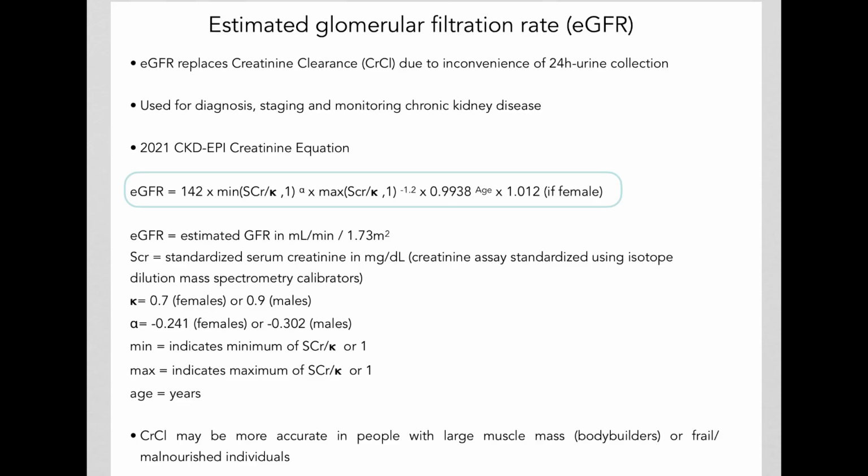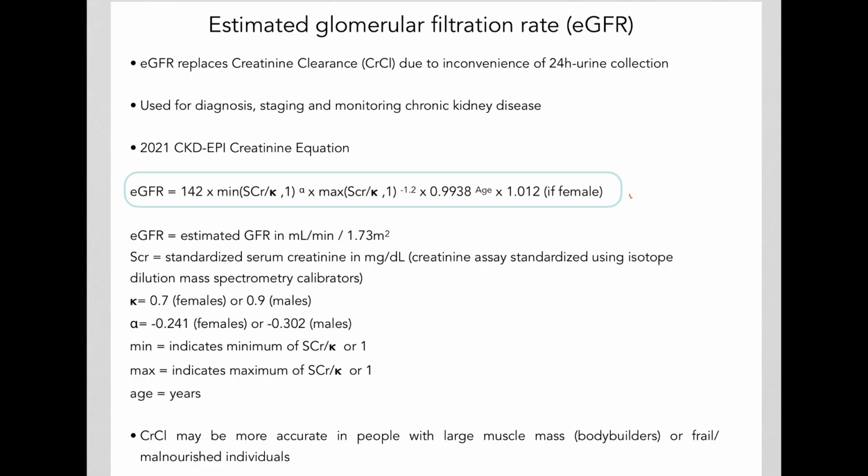This CKD-EPI formula is shown here, and you can see that it requires the SCR, which stands for standardized serum creatinine in milligrams per deciliter. Standardized here means that the creatinine assay is standardized using isotope dilution mass spectrometry calibrators or standards.